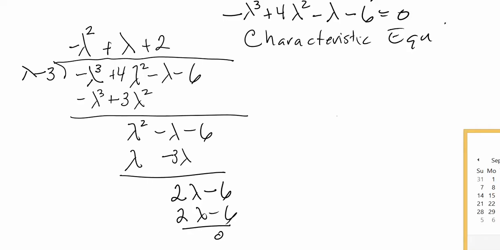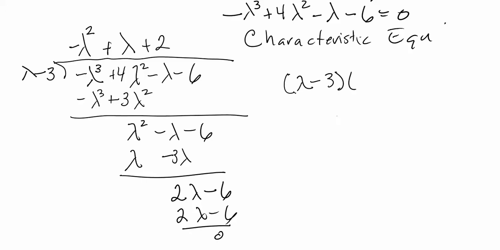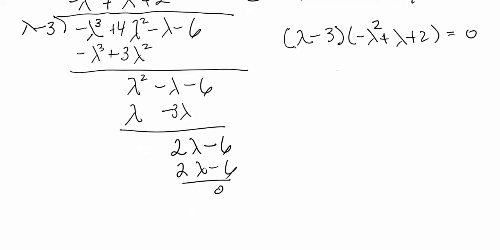So in fact, lambda minus 3 does factor out of it, and 3 is one of the roots, so I can write my characteristic equation as lambda minus 3 times minus lambda squared plus lambda plus 2. I prefer working without that negative sign, so I'm going to multiply both sides by minus 1.